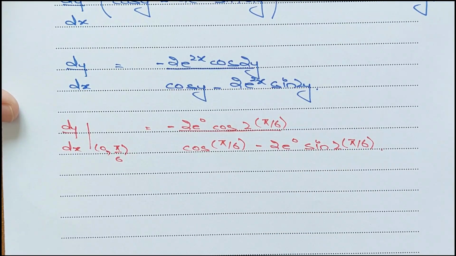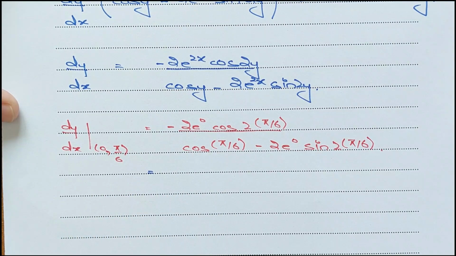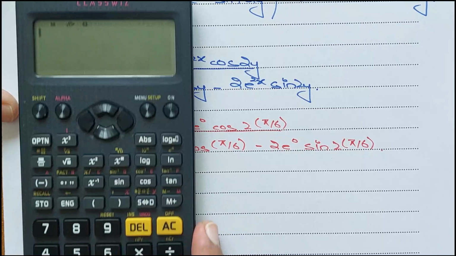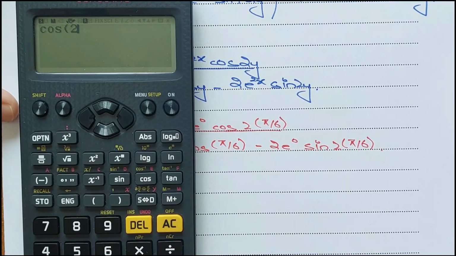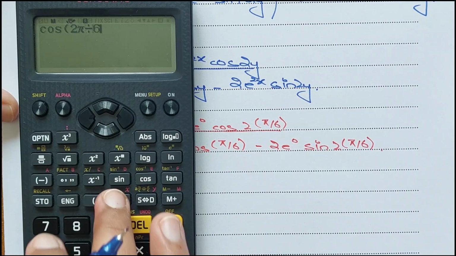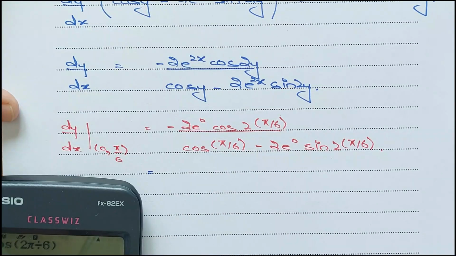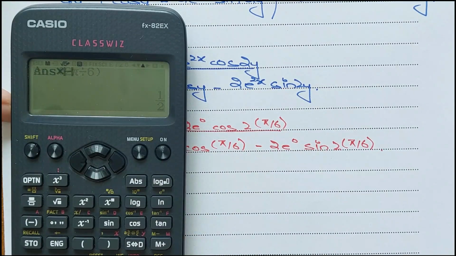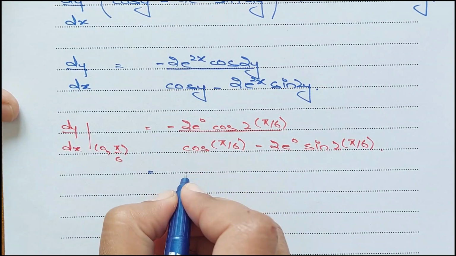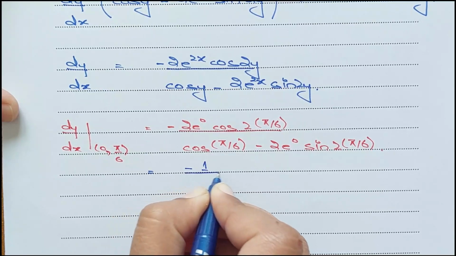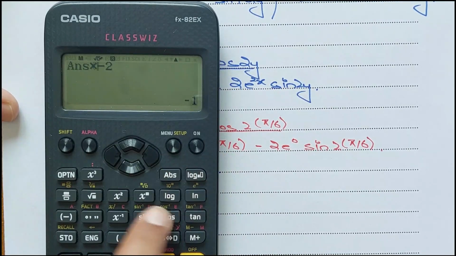Okay, let me calculate this. e^0 is just 1. Cos 2π/6 is 1/2, and times minus 2, which is minus 1 in the numerator, over cos π/6.